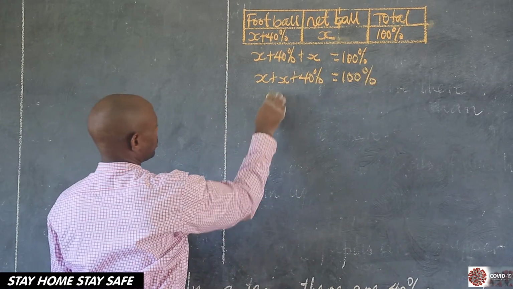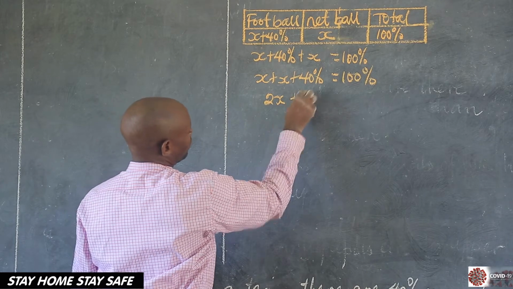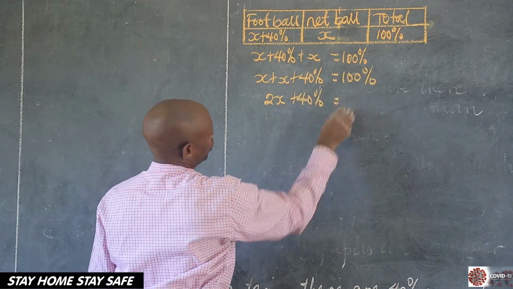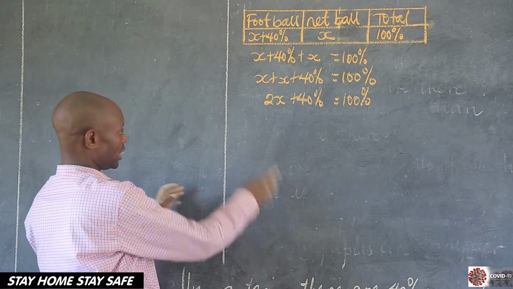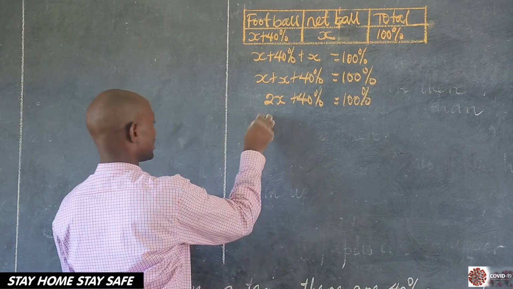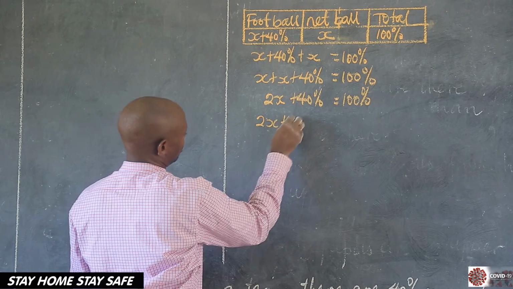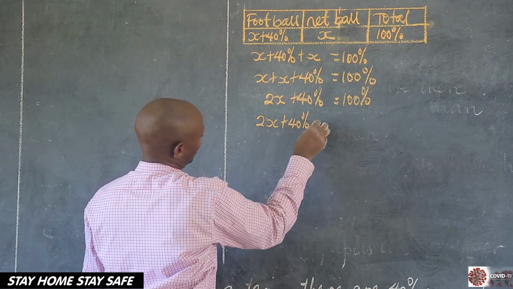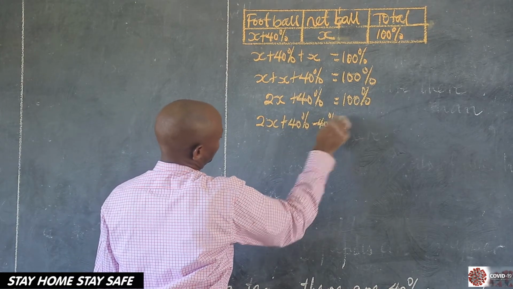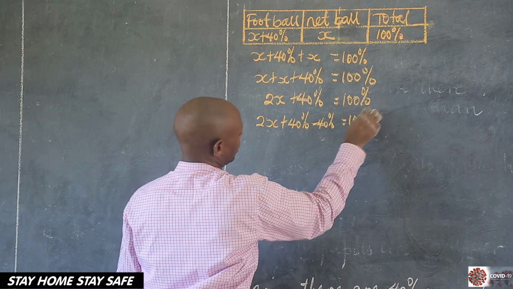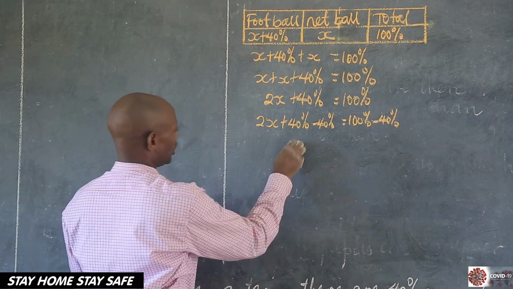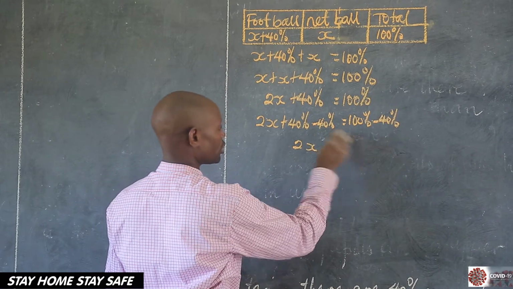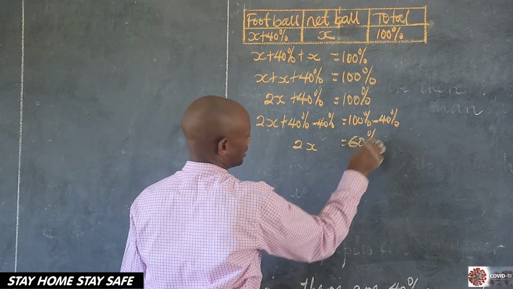X plus x, we are getting 2x, then plus 40%, which will give you 100%. Go ahead and eliminate the 40%: 2x plus 40% minus 40% is equal to 100% minus 40%. Then 2x is equal to 60%.